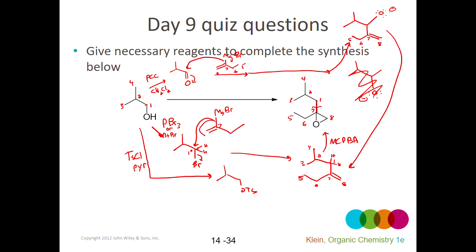And then the Grignard could just attack that and push that leaving group out, and it would still give me the same substance. So there's a lot of options for converting an OH into a good leaving group. As long as that leaving group's on a primary site, I would generally expect a Grignard to attack through an SN2 substitution, pushing out the leaving group to create a new carbon-carbon bond.